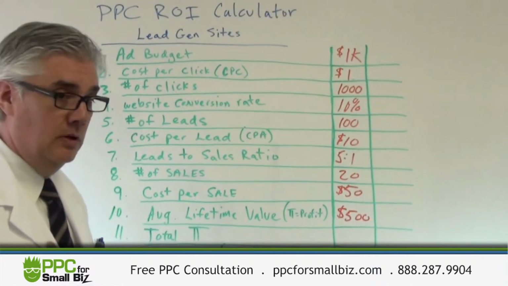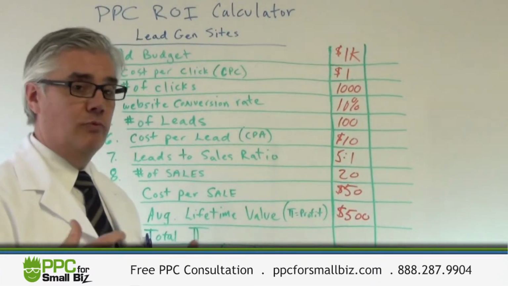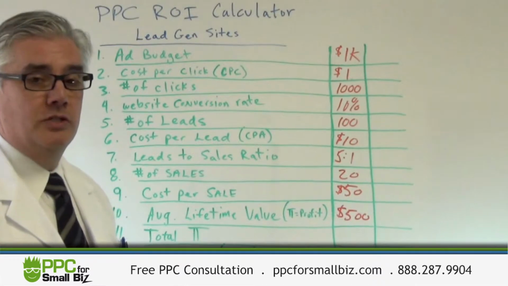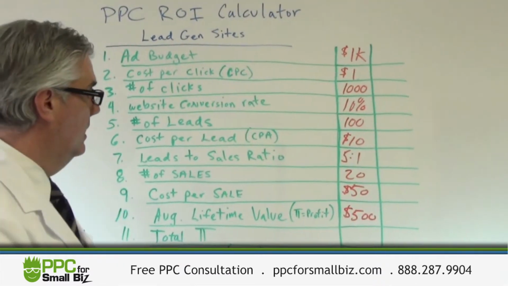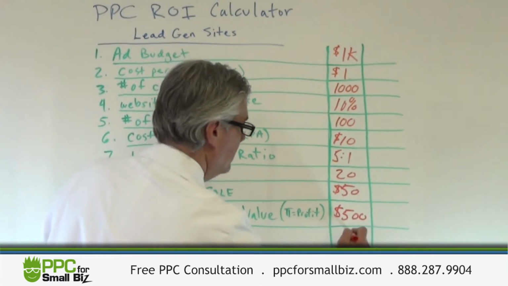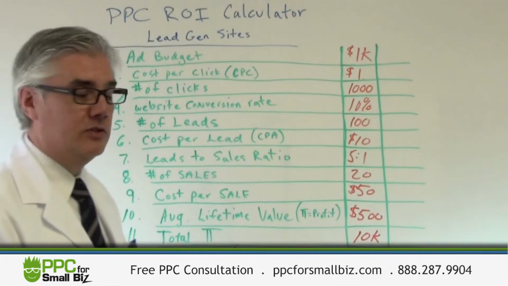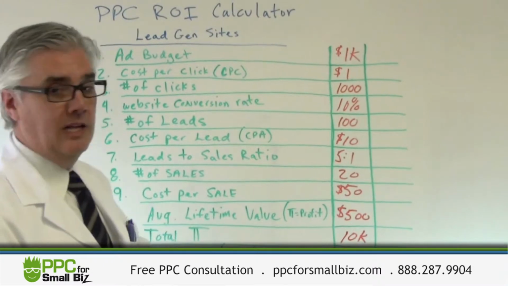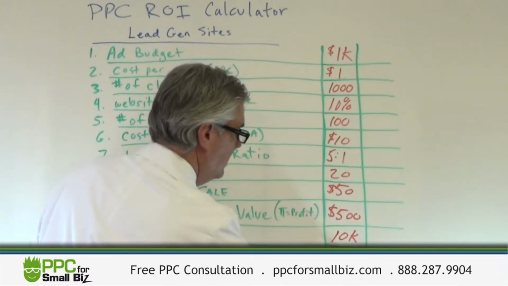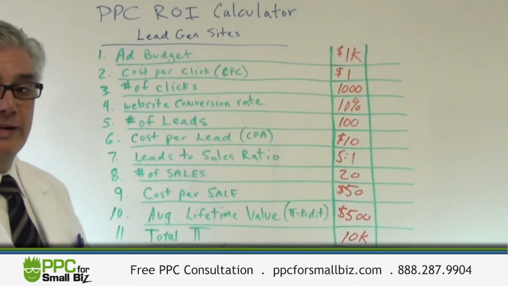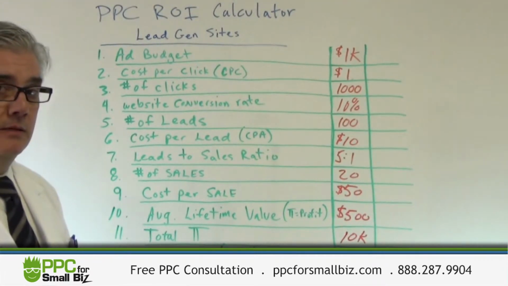There's a number of different measurements you can use, revenue, contribution margin, etc. But for this purpose, we're going to use profit. Okay? So in this example, Tom's going to make $10,000, right? $1,000 investment to make $10,000, pretty good. His PPC ROI, or his return on ad spend, is going to be 10x, right?